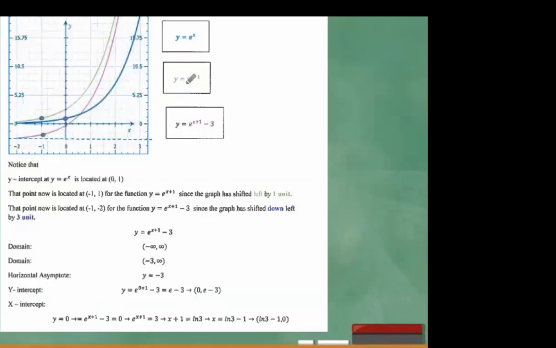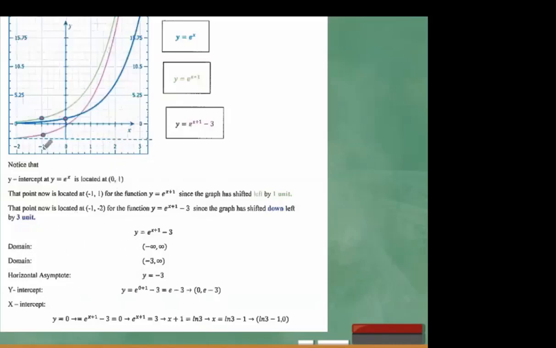The graph of y is equal to e to the power of x plus 1, minus 3, would be the same graph of y is equal to e to the power of x, except it would shift to the left 1 unit, and the minus 3 would shift the whole thing down 3 units. So that would move my asymptote down to the horizontal asymptote y is equal to minus 3. From y is equal to 0, my asymptote moved down to y is equal to negative 3.